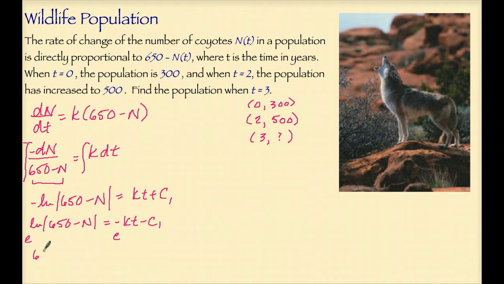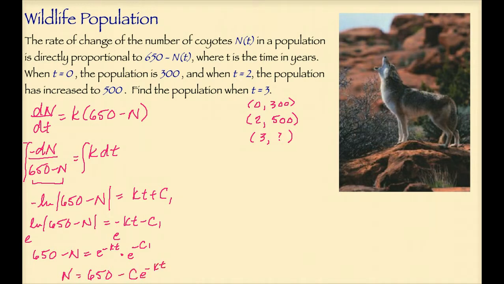This results in 650 minus n is equal to e to the negative kt times e to the negative c sub 1, which we know is just another constant. Solving for n here, we'll have n is equal to 650 minus c e to the negative kt.